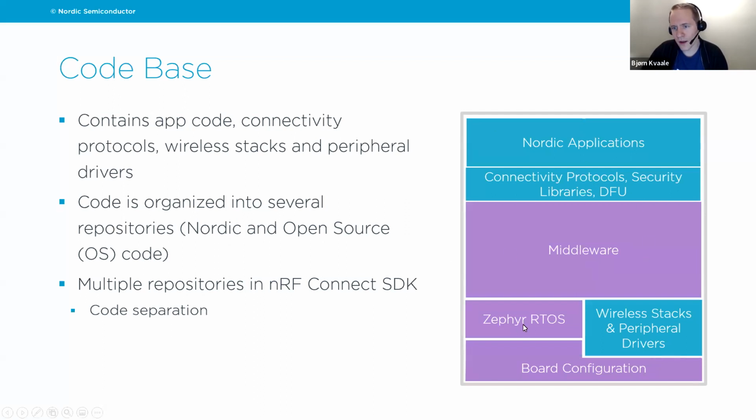Here on the figure on the right, you can see the Nordic code is in blue, and the open source code is in purple. And even though we do have Nordic code here, most of the code available in nRF Connect SDK does use very permissive licenses, which means you can easily use most of the code in your end projects, without having to pay a licensing fee, for example.